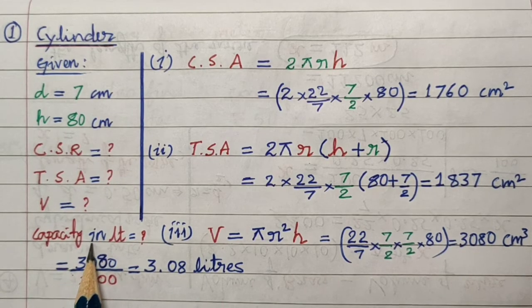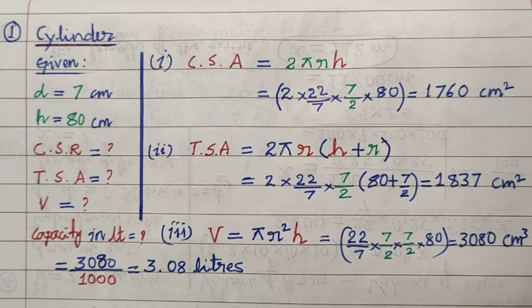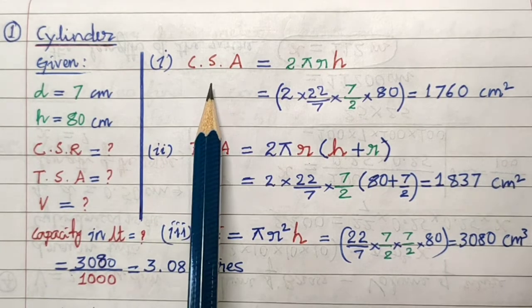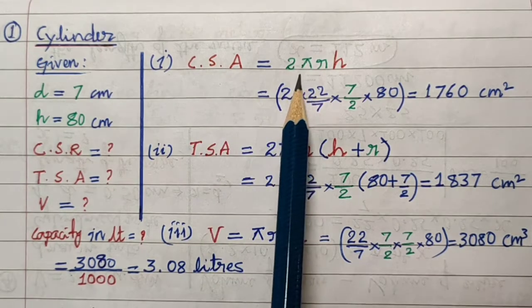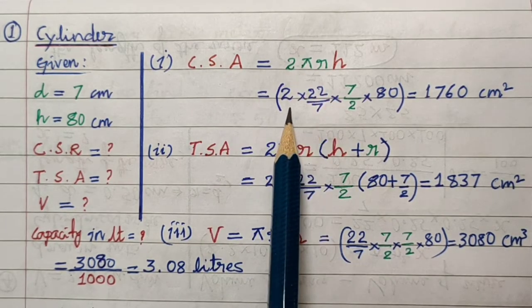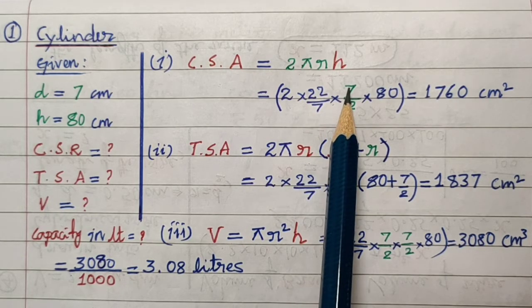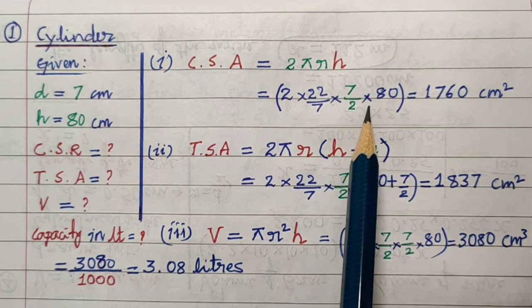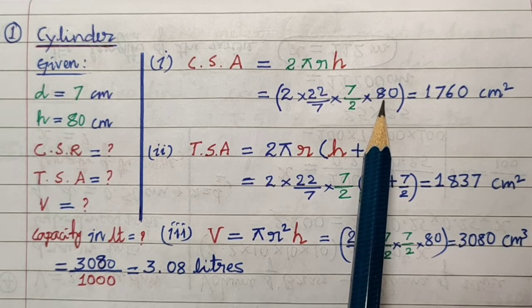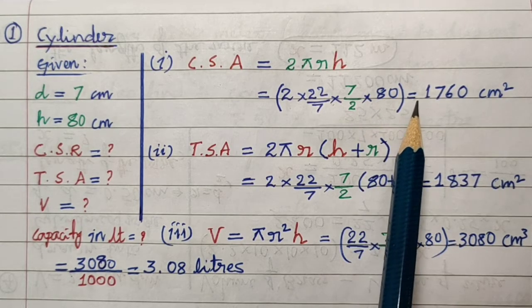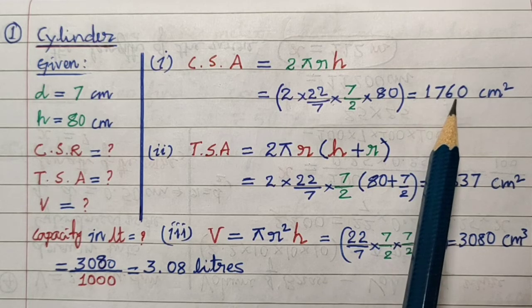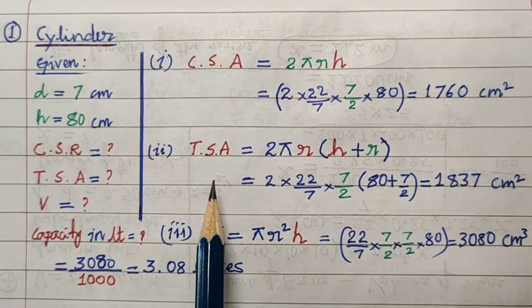We know that the curved surface area is equal to 2 pi r into h: 2 into 22 by 7 into r, where r is diameter divided by 2, into height 80. That gives the curved surface area as 1760 centimeter square.